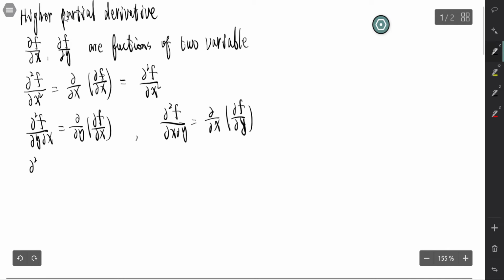And partial squared f, partial y squared, that is partial y of partial f partial y. Those are the second order partial derivatives of f.